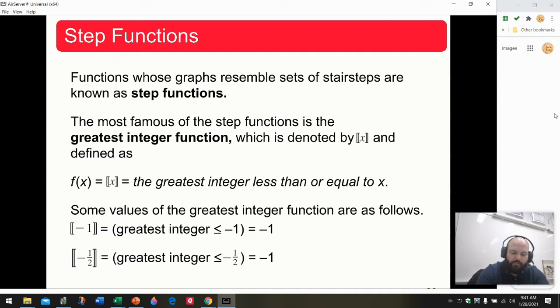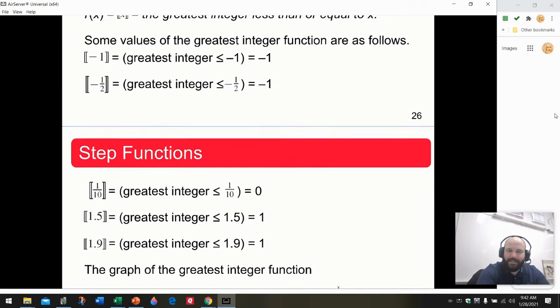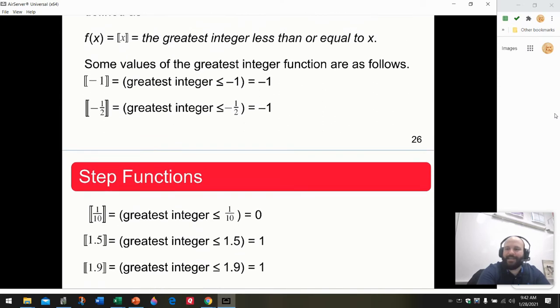But that bold-faced bracket is what indicates that this is called the greatest integer function. And what that means is the greatest integer function is going to take the largest whole part out of the number that is inside there. It's pretty easy to understand, except for whenever you get into the negative numbers, and that's a little tricky.